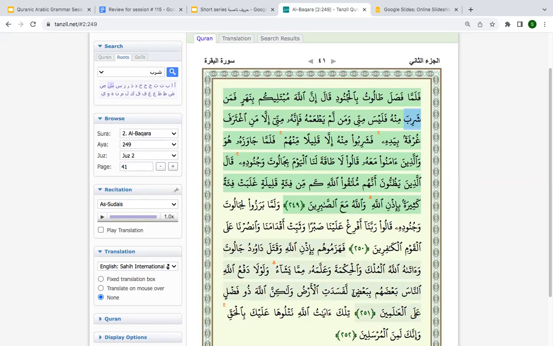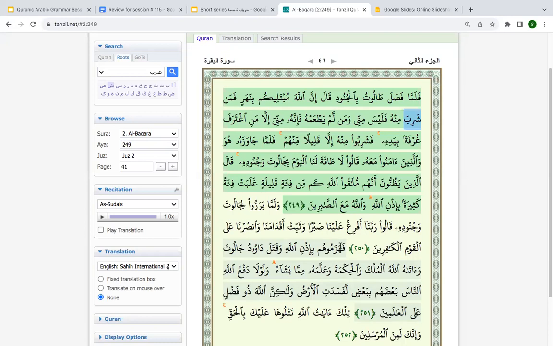What do you mean when you say seen? Sami'a is one option. And what's the second option for you? Hasiba, right? Does it make sense or no sense?